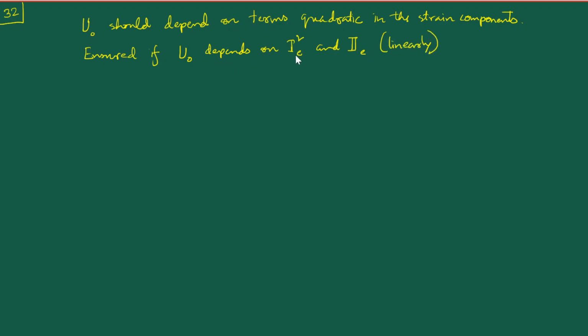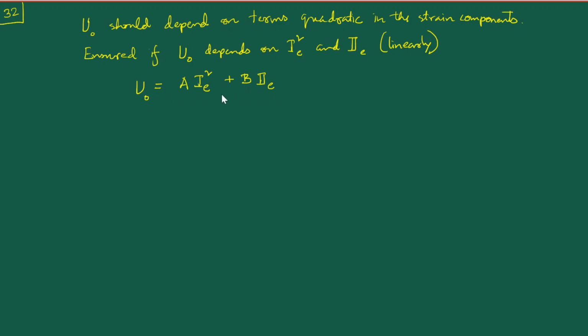So when I say it depends on IE square and 2e, I mean to say that it depends directly or linearly on this IE square and 2e. So basically u naught should have the form some constant term multiplied by IE square plus some constant term times 2e.